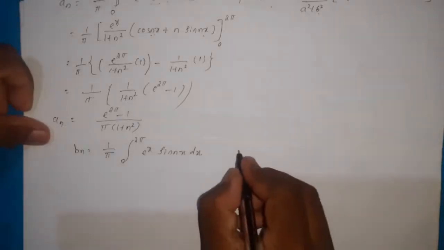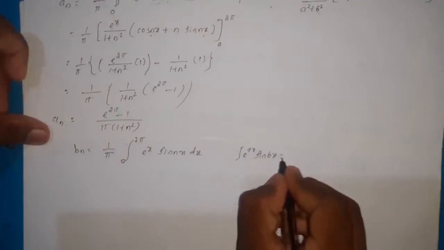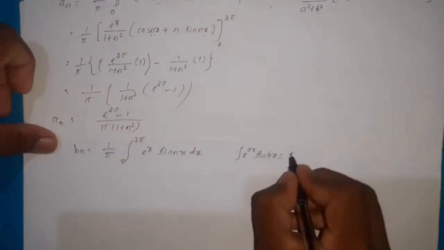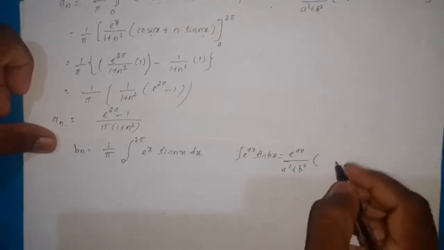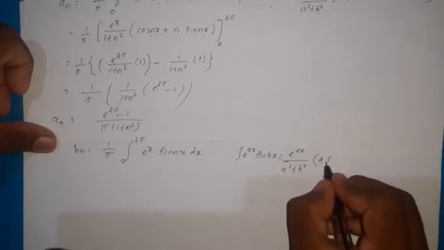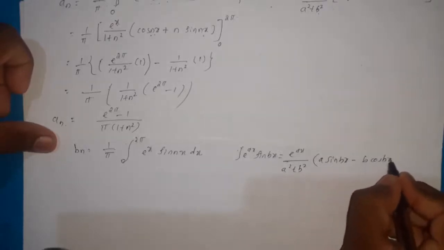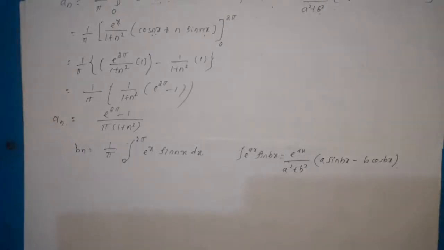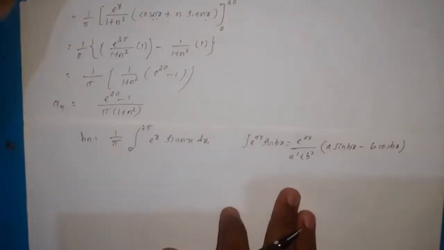Therefore the integral of e power ax into sin bx is equal to e power ax upon a square plus b square into a sin bx minus b cos bx. So this is the formula for integration of this function.